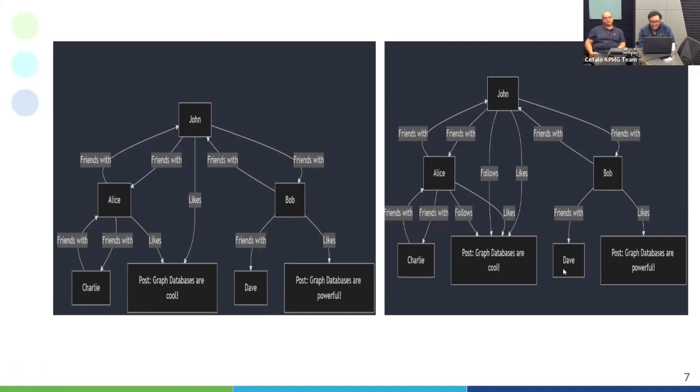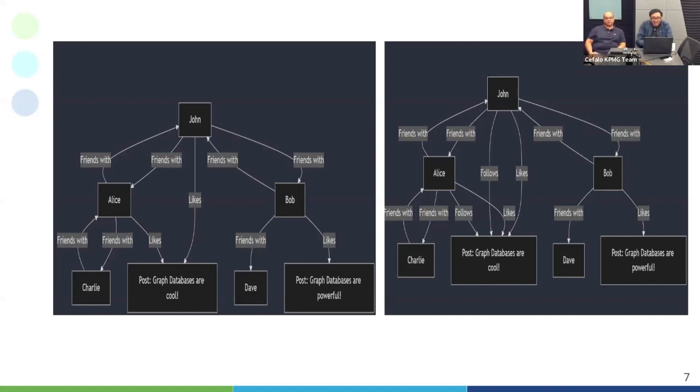Another interesting thing is the dynamicity of the graph. Suppose that we want to introduce a new concept that is follows, like who follows whom. In graph design, it's basically a schema-less design we can consider. There is no fixed schema.